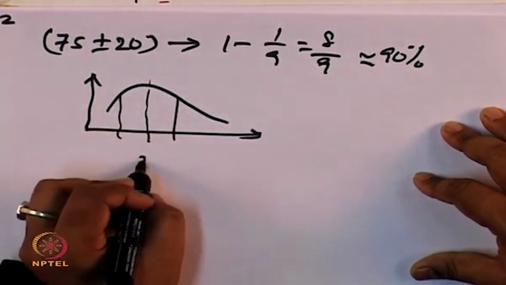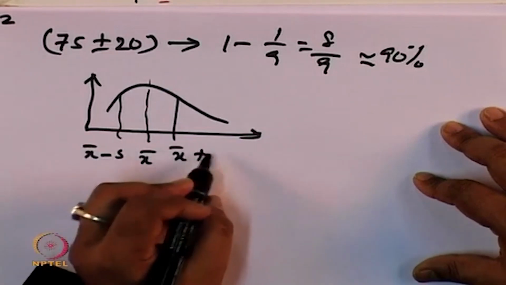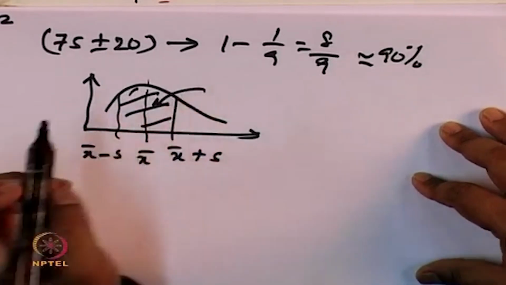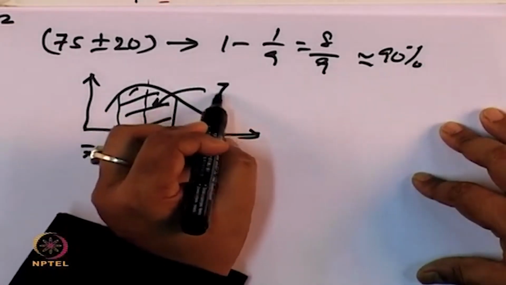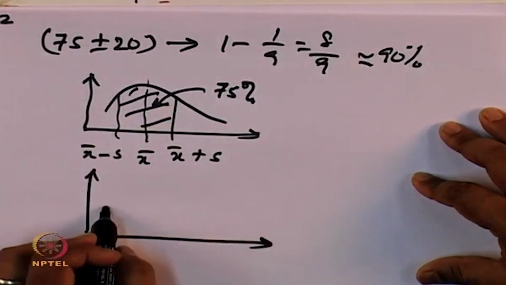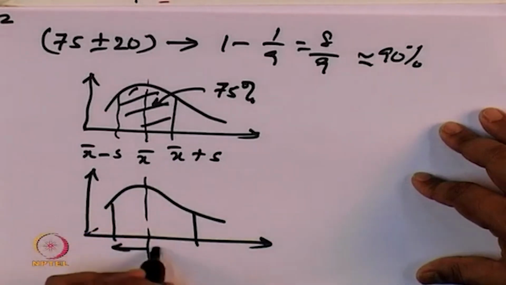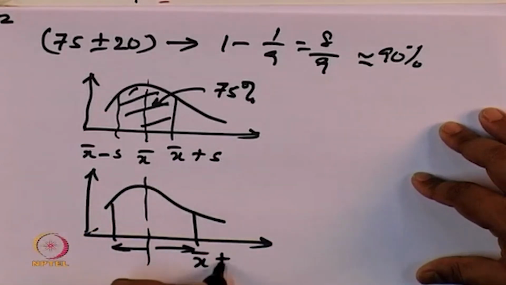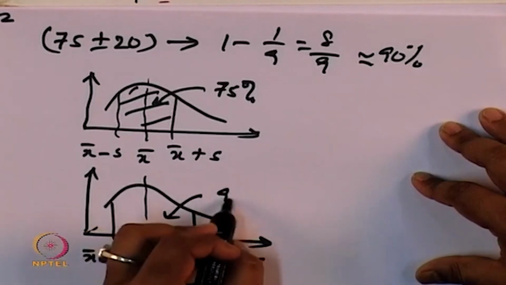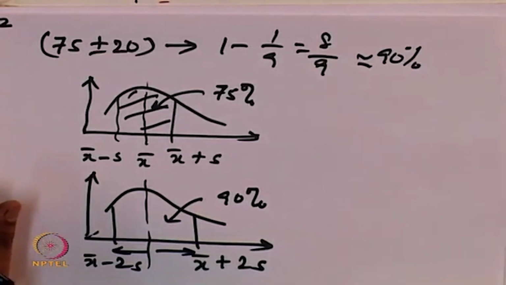So, this is your x bar minus S, x bar plus S, right. This is roughly what we calculated as 75% in the generic case. And x bar plus 2S and x bar minus 2S, this is 90% of the population. But Chebyshev's theorem is very conservative in approach.